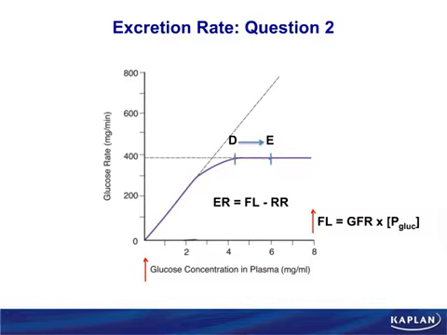But remember, at that point, if the line is flat, what's your reabsorption rate? It is constant. It is transport maximum. So, you're increasing the filtered load, but the rate of reabsorption is constant because you're reabsorbing at transport maximum. The answer is the excretion rate must be increasing.